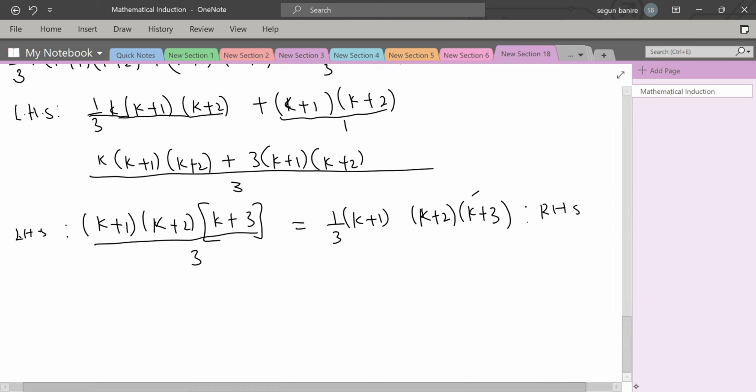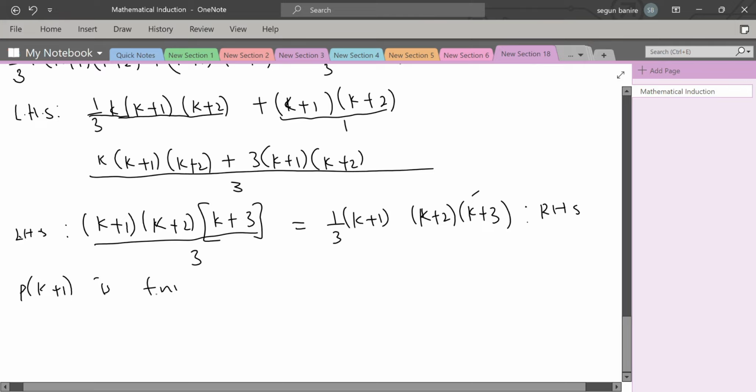So with that, we've proved that k plus 1 is true. So you can see that the condition of the principle has been satisfied. So you just conclude that P of n is true for any natural number. So that is it.